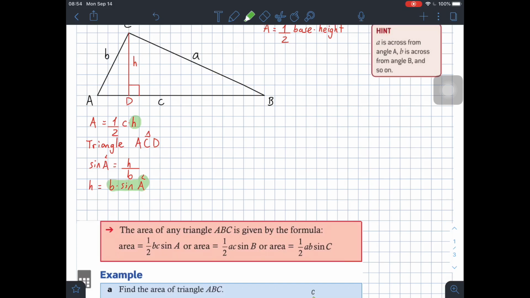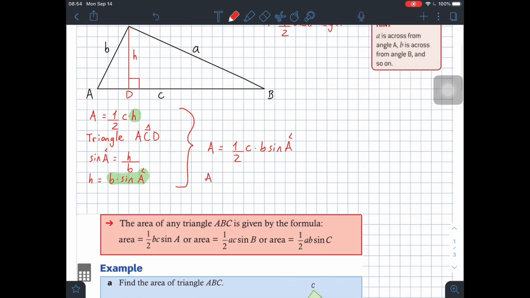If I replace that, we get that the area of the triangle is 1/2 c times, and instead of h, I'm going to write b sine of angle A. And you see that here we get the general formula to find the area of any triangle. It's basically 1/2, if I organize the letters, bc times sine of A.